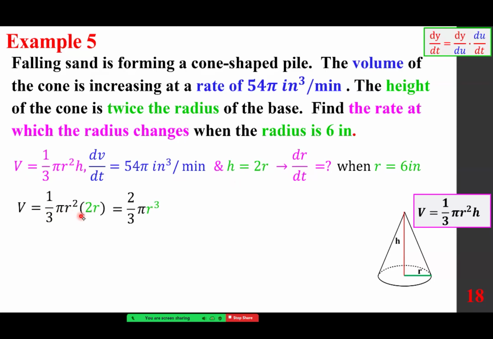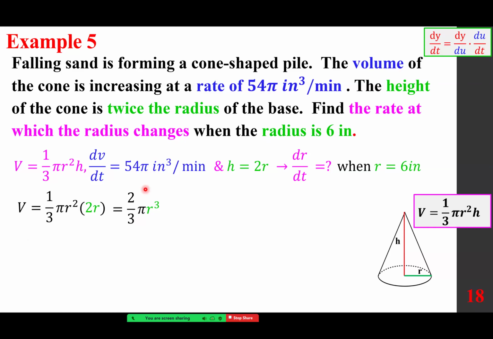First, this is basic math. And now this is a function of r, and we can differentiate it with respect to r and then with respect to time because it's a function of time, related rates. So dy/dt is dy/du times du/dt. So we're going to have dV/dt, which is dV/dr times dr/dt.